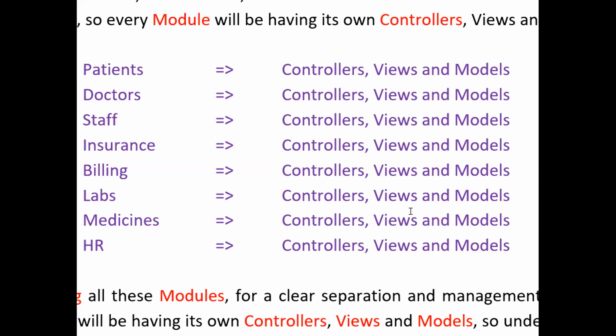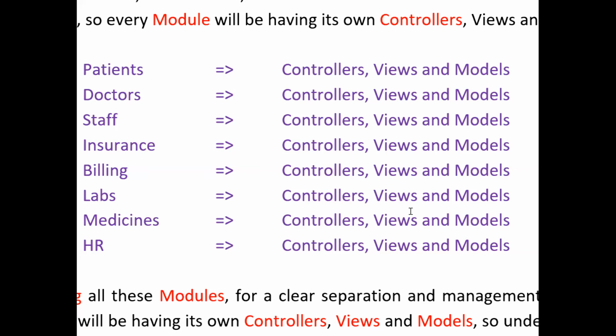Simply speaking, it's like a logical container. An area is a folder, that's all. In our project, an area is a folder. Under that folder, you can place controllers, views, models.